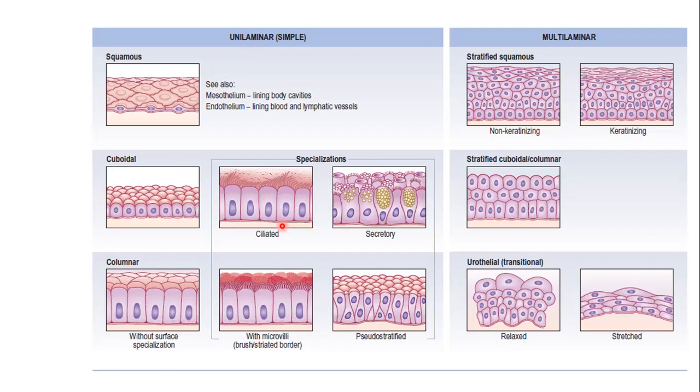Remember, pseudostratified columnar epithelium was found in the respiratory system and epididymis. Those cells also have cilia, and cilia helps to move mucus in the respiratory system and also helps to move sperm cells in the epididymis. So that is a function of cilia.